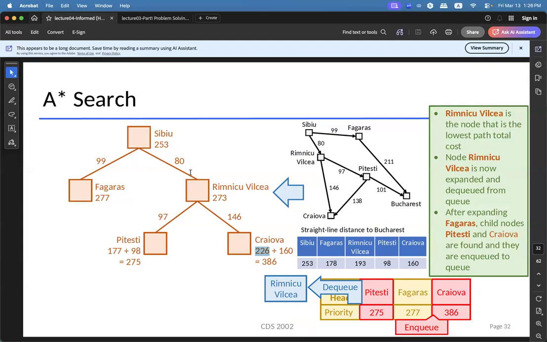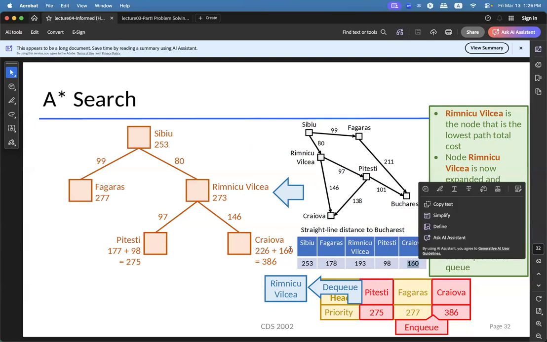The cost is 80 plus 146, so it's 236. That is the path cost, and the heuristic cost can be taken here. So we add these two values, and that becomes 386.